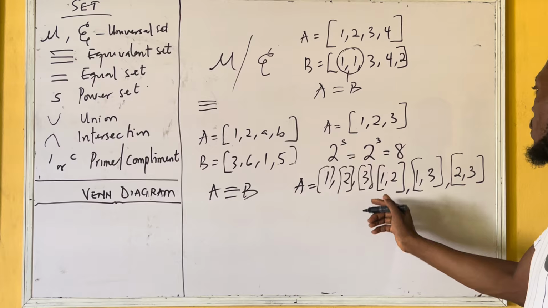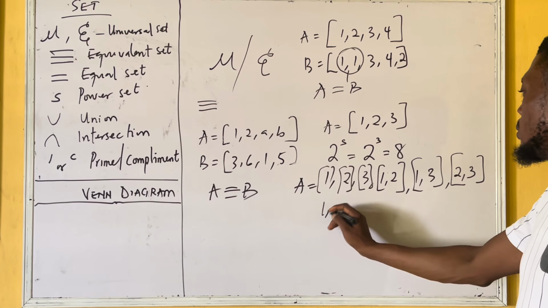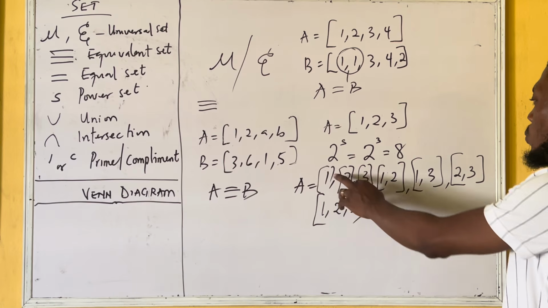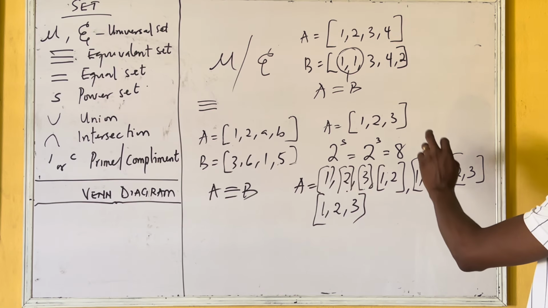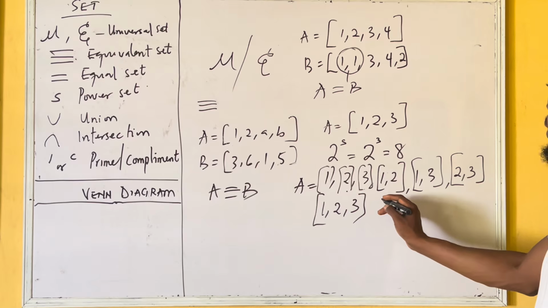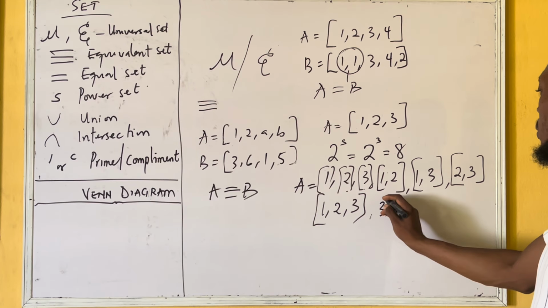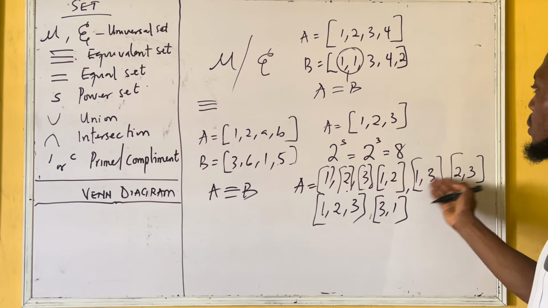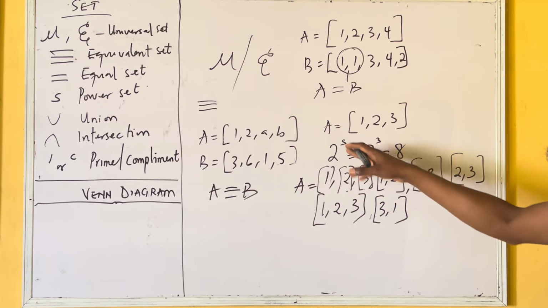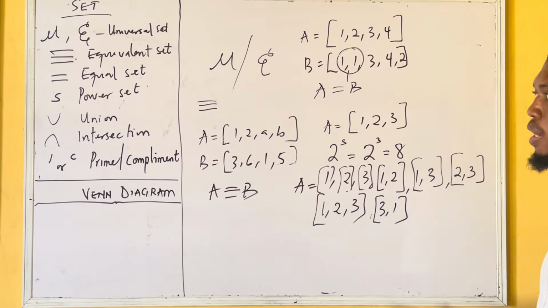Then I have 1, 2, 3. So that makes 1, 2, 3, 4, 5, 6, 7. Then I have the empty set. So if you have 4 elements in A, 2 raised to power 4 gives you the number of subsets you can write.